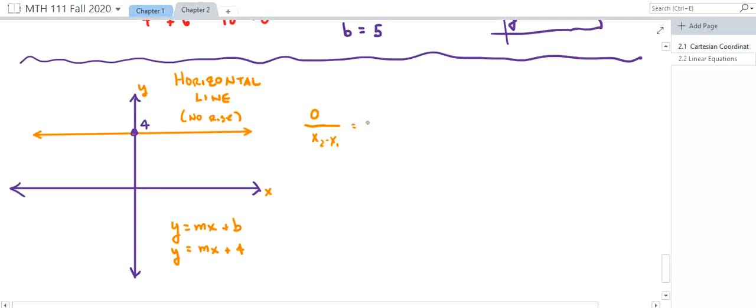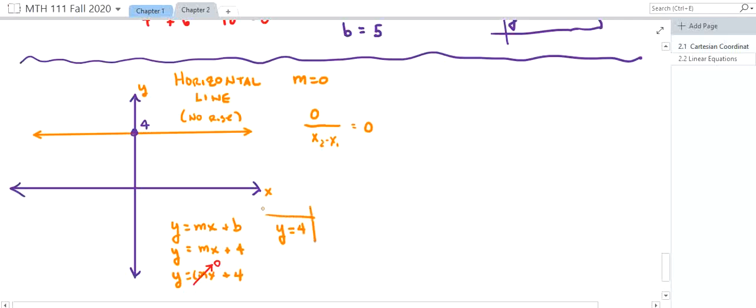And 0 over anything is 0. So for a horizontal line, your slope is 0. So that means that this is y equals 0 times x plus 4. And we can just get rid of this as 0. Or we write this y equals 4.